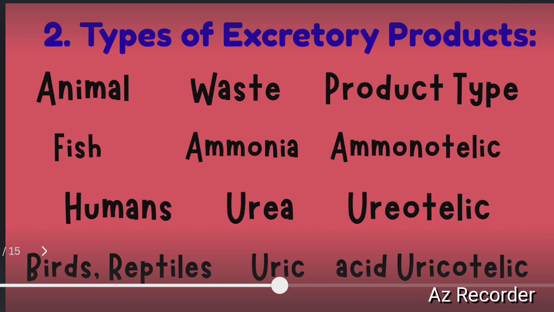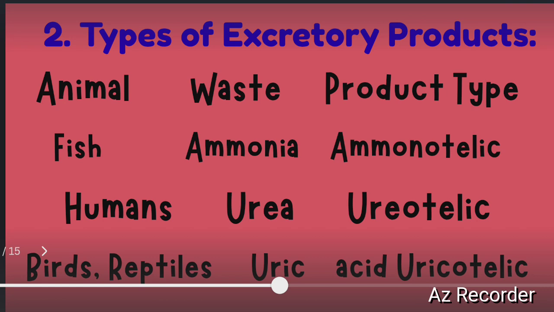The first is fishes: the waste is ammonia, and these animals we call ammonotelic, because the waste product released is ammonia. In humans, the waste is urea, so we call humans ureotelic animals. And birds and some reptiles produce uric acid as the waste product.